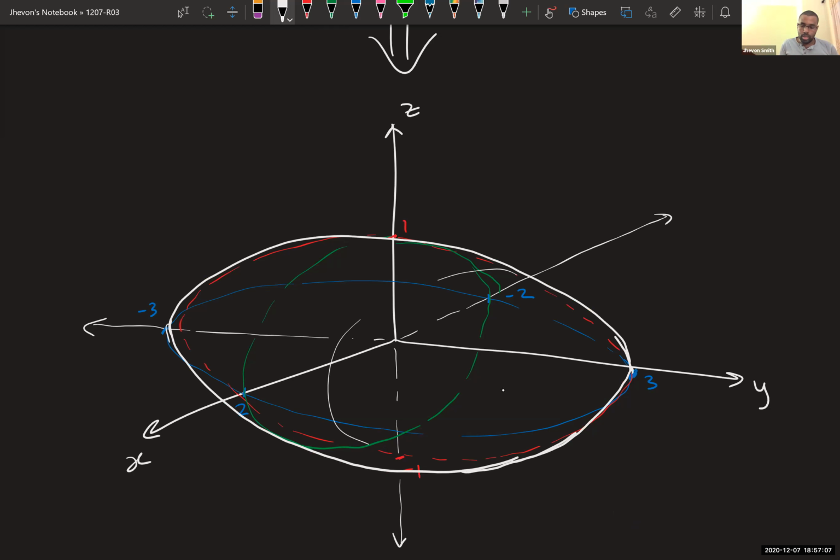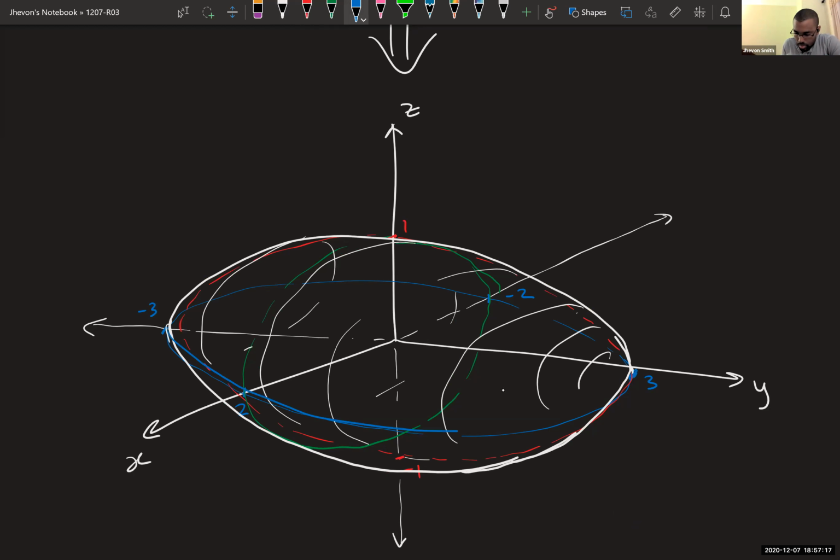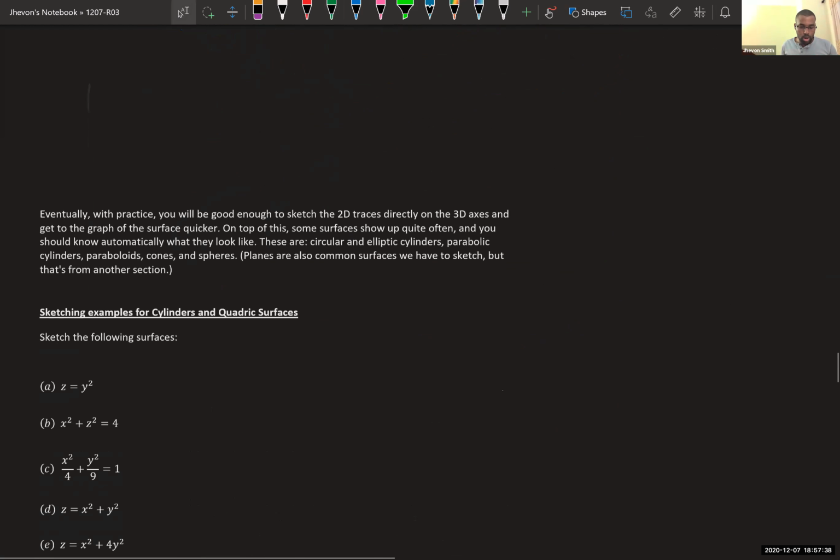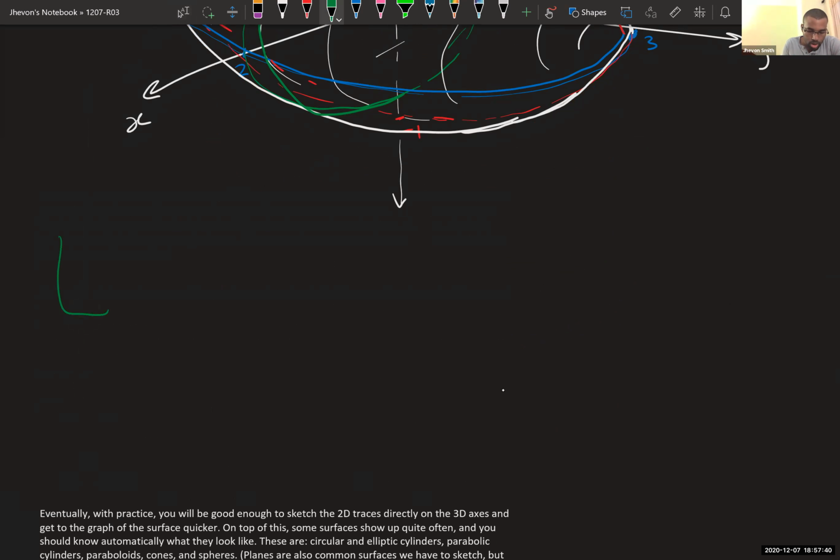So now you see that there's an ellipse here, and I put it together from that. Now, eventually, you will be able to draw all of these all at once.